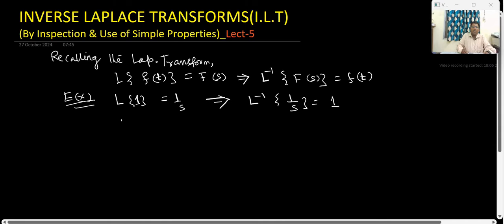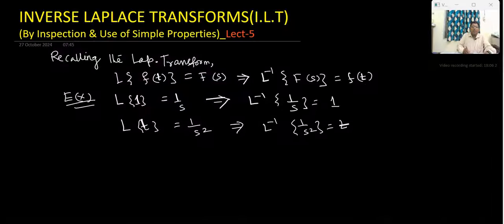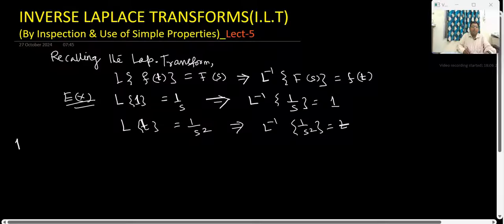Likewise, if you are asked what is L of t, here L of t is 1 by s square, and so this implies L inverse of 1 by s square, and immediately you say t, right? So let us first see how the inverse Laplace transforms can be obtained directly from the table, right?